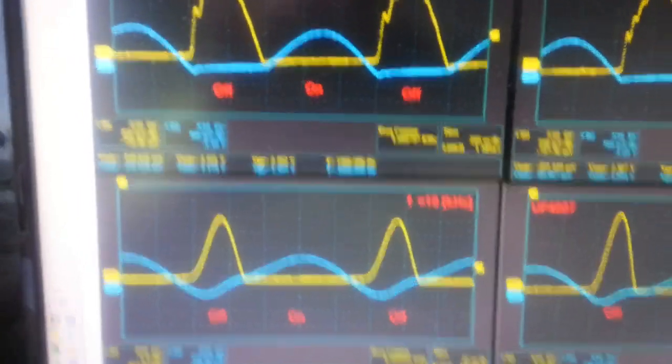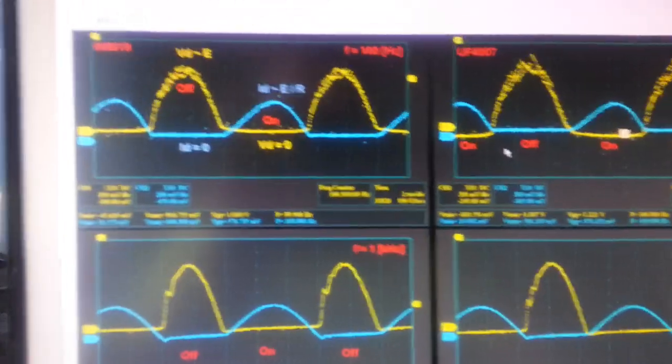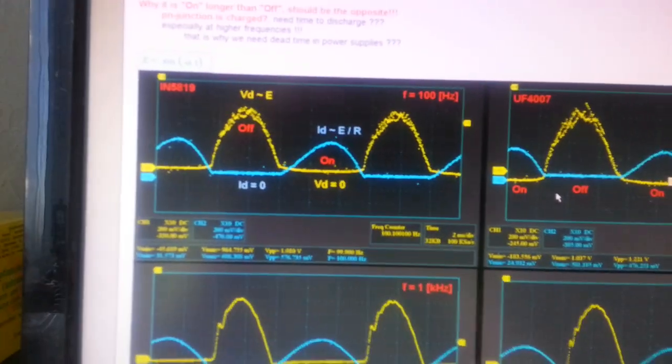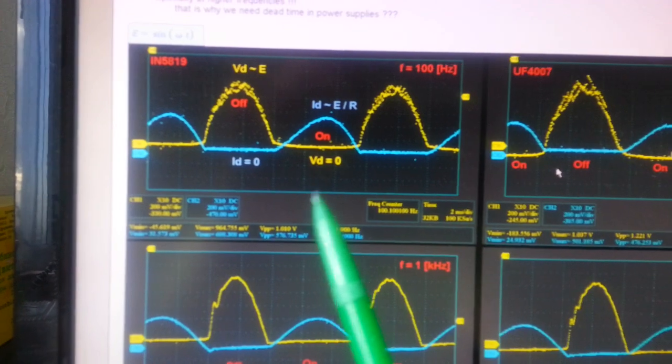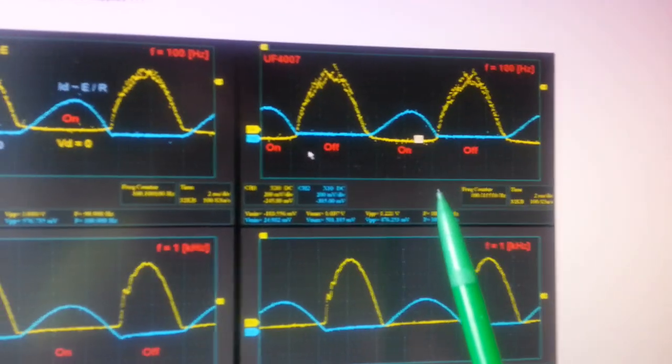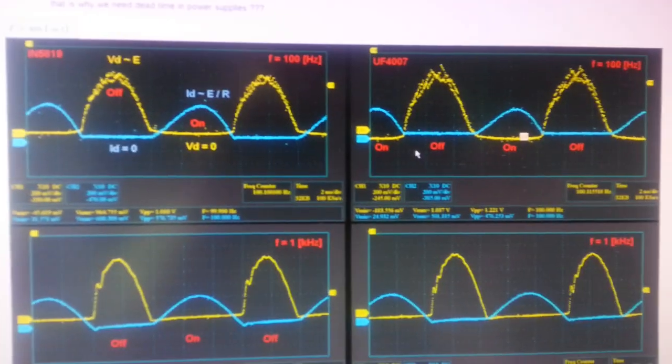But the shape and the pattern are almost the same. And yes, the direct voltage for the Schottky diode is smaller, 0.2, 0.4 volts. For this one it's 0.7 volts. So that's the only difference.